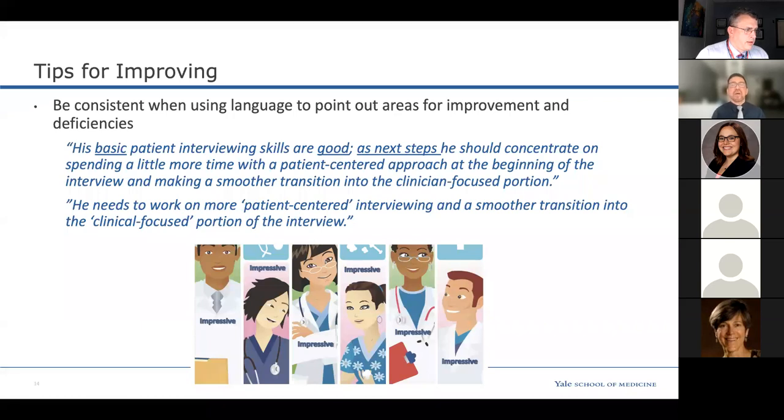And also, when pointing out very positive things, use the same terms to point out things that are good about the trainees across the board as well. So maybe cross-checking across your evaluations may be a good approach.